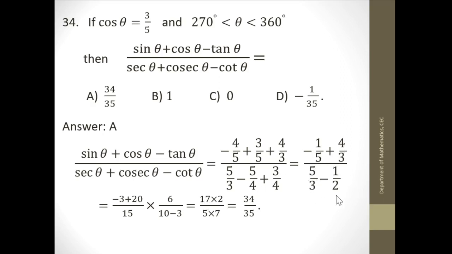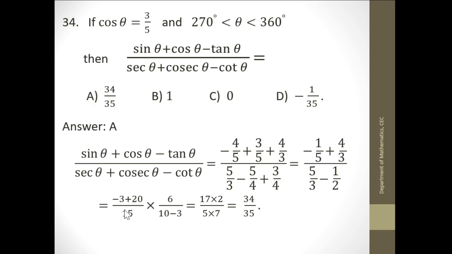Divided by means take the reciprocal of this and multiply. So here common 6, here 10 minus 3, 7. 7 by 6, take the reciprocal. Followed? 7 by 6, reciprocal is 6 by 7.